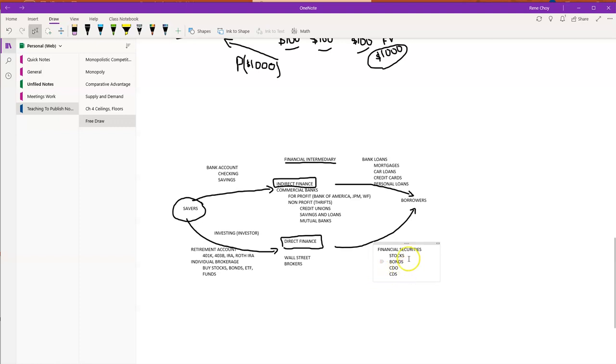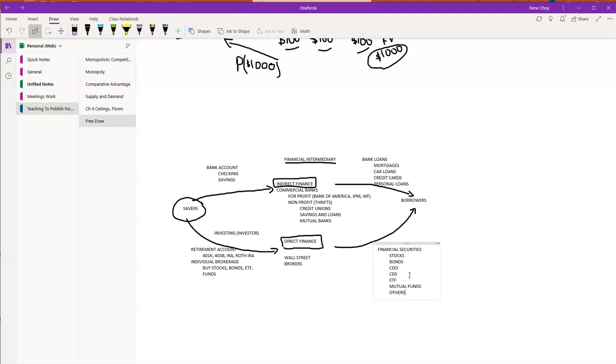Now, sometimes you can package a lot of these into things like ETFs, exchange traded funds, or mutual funds, or others, ETNs, etc. So there are lots of different financial securities that you can purchase.